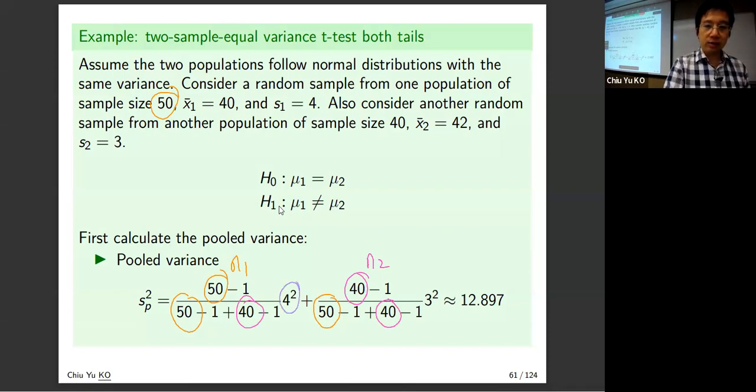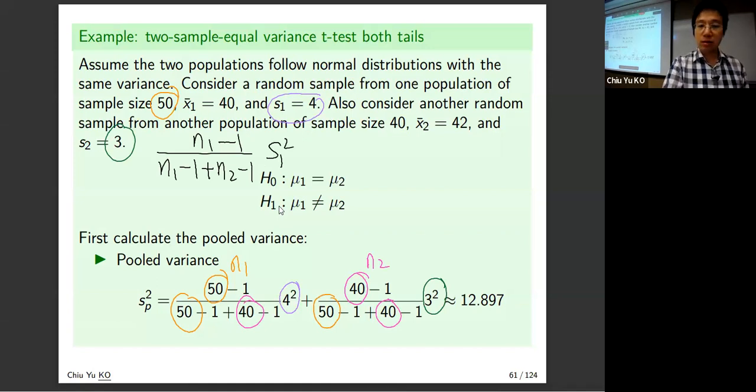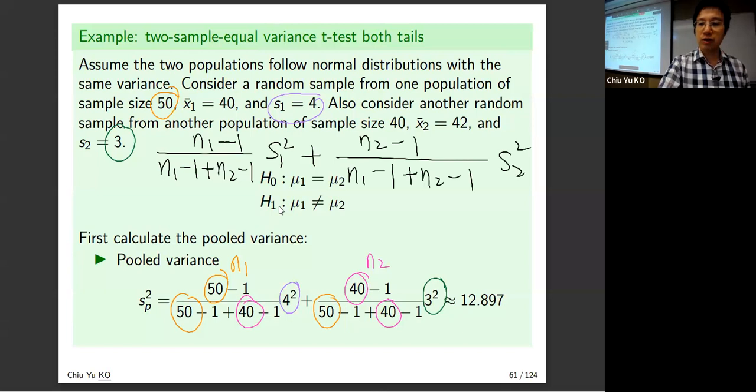This is S1, and this is S2. Recall the formula is (n1 minus 1) S1 square plus (n2 minus 1) S2 square, over n1 plus n2 minus 2. So we can just plug in, and that gives you the estimate of the overall variance. There's nothing deep here, it's just direct plugging in.